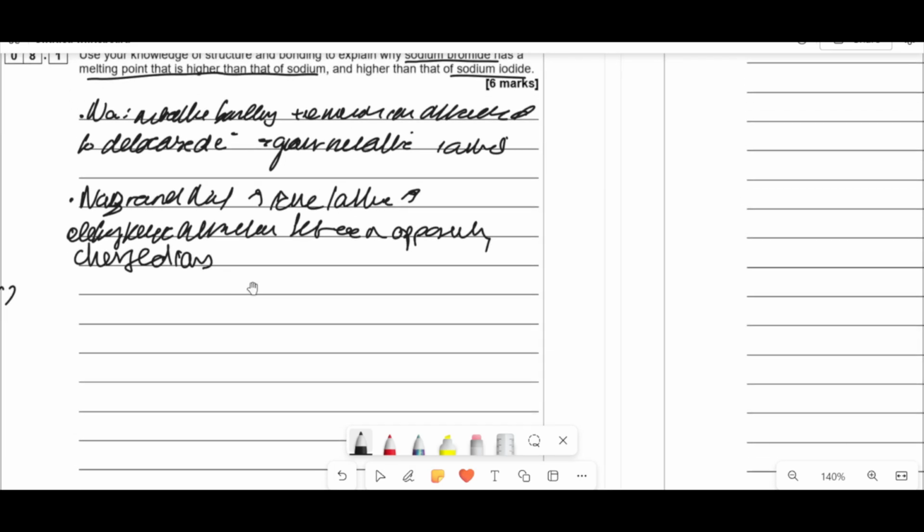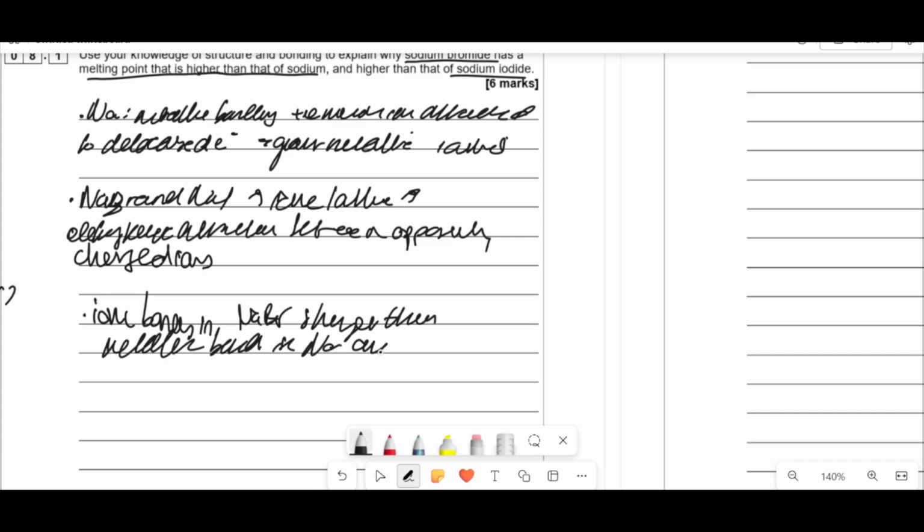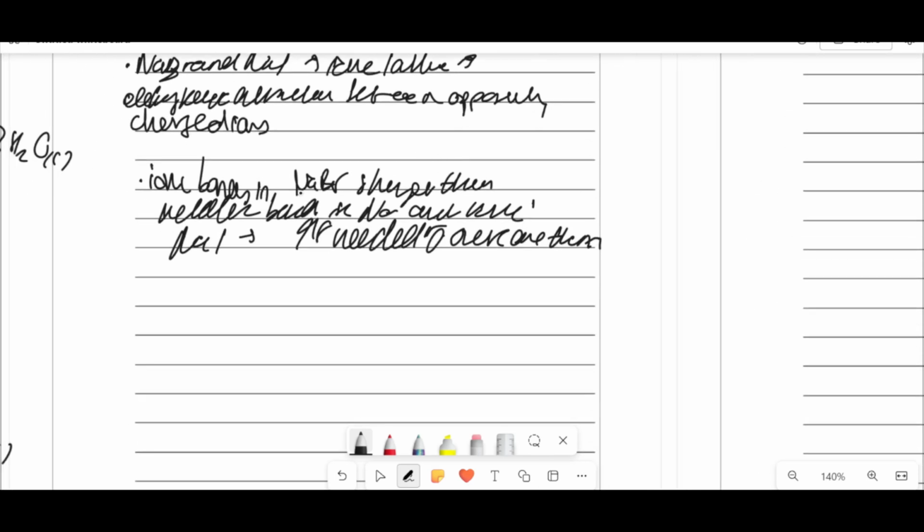But that doesn't tell us why these are the way they are. It must be that the ionic bonds in NaBr are stronger than the metallic bonds in Na and the ionic bonds in NaI, meaning more energy is needed to overcome them. But then that doesn't explain why the Br is stronger than the I.